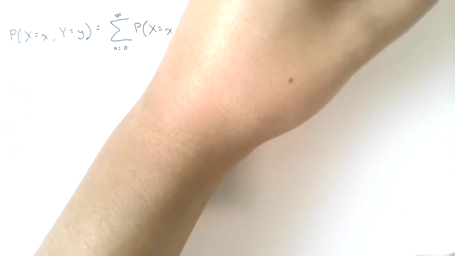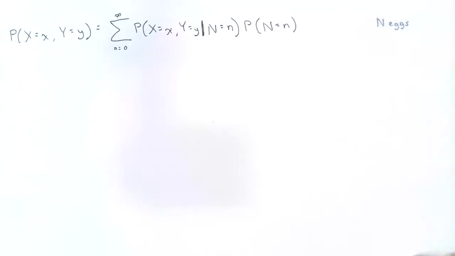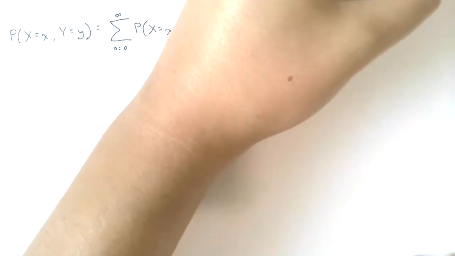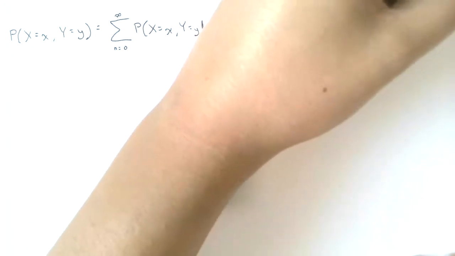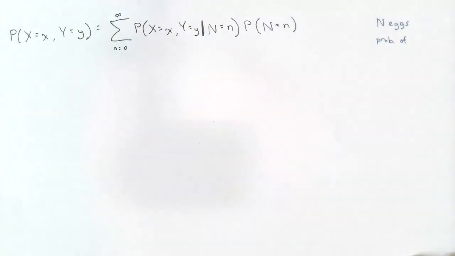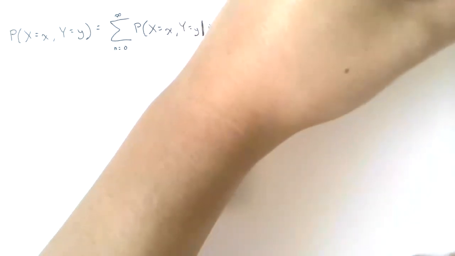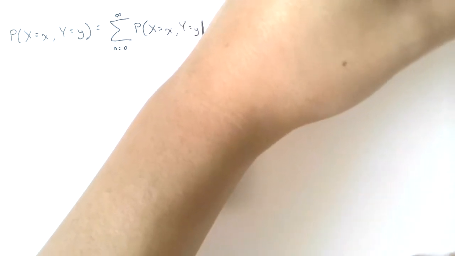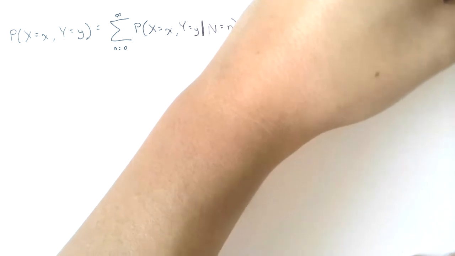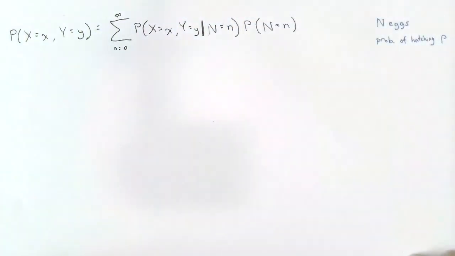I'm going to summarize our given information. I know we had n eggs. We had probability of hatching P. And let's say that hatching corresponds to my success, just to use statistical terms.